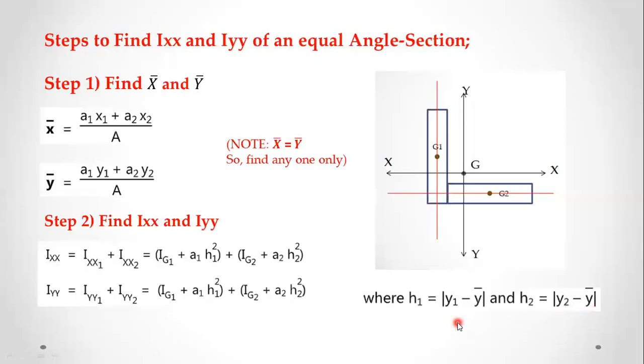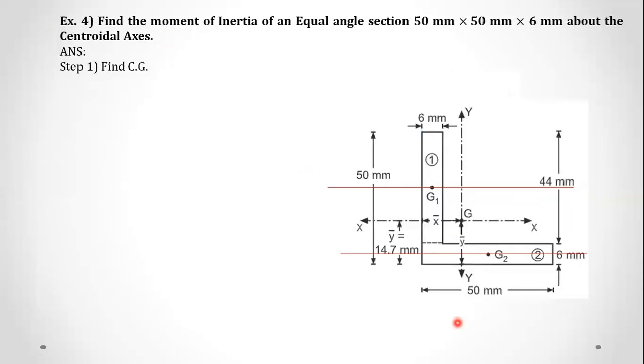Okay, so we are going to solve one problem now. To find the moment of inertia of an equal angle section, the section dimensions are given as 50 mm by 50 mm by 6 mm about the centroidal axis. So there are two legs of 50 mm and 50 mm dimensions and thickness of 6 mm.